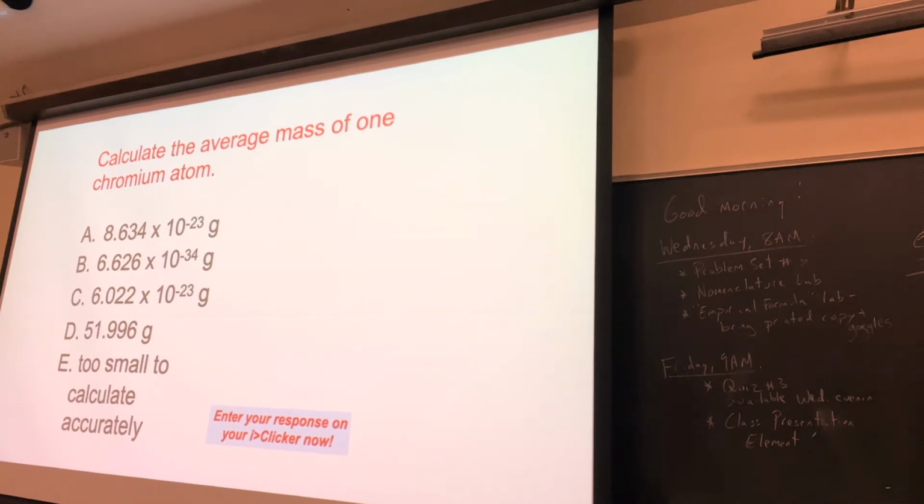Now remember, another unit that you've got to know around this class is good old Avogadro's number, 6.022 times 10 to the 23rd atoms per mole. And in this question, you want to find the average mass, grams per atom. So notice here, you've got moles, you've got moles, you want grams per atom.